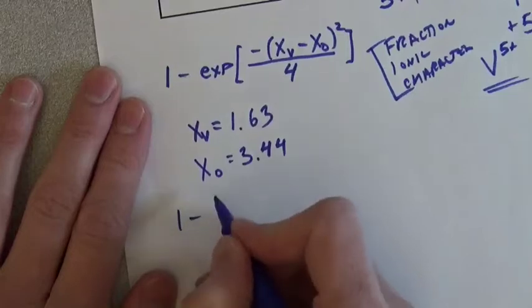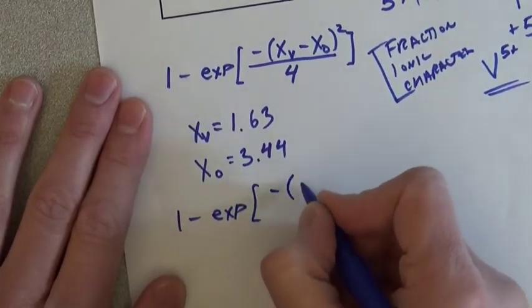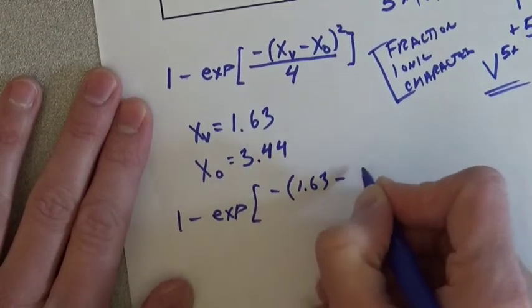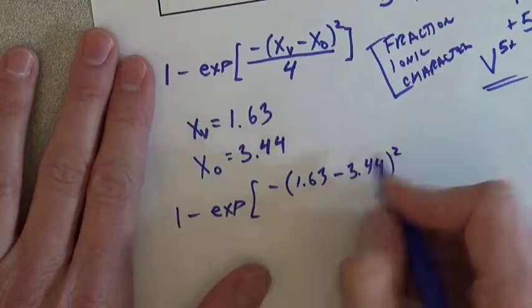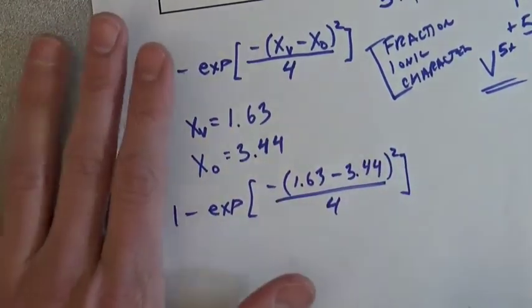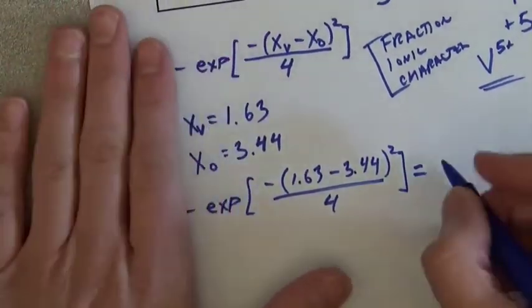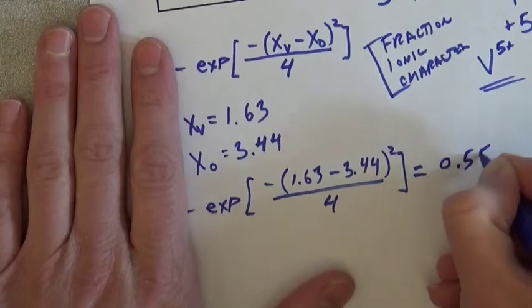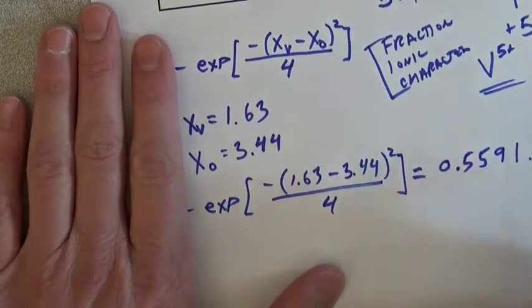Therefore, 1 minus exp minus 1.63 minus 3.44 squared over 4, and kind of turning the crank gives us 0.5591 stuff. Well, we have these out to 3 significant figures.